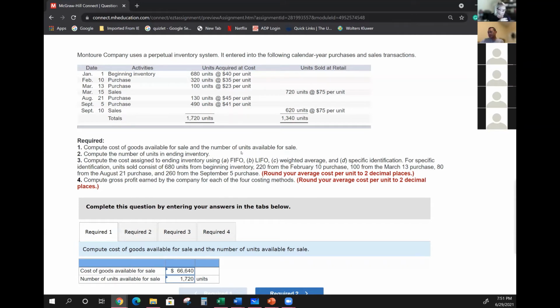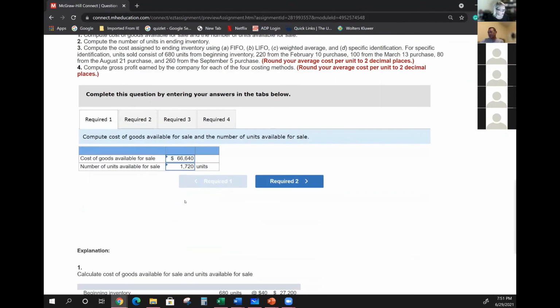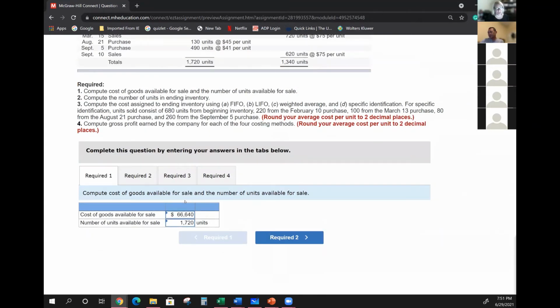It gives you your information for specific. Are y'all having any problems with specific? I think that's pretty easy, right? That's the easiest one, because they're telling you what's left, so you can just deduct to come up with your available from each batch, and just add them together. That's how you come up with the available.